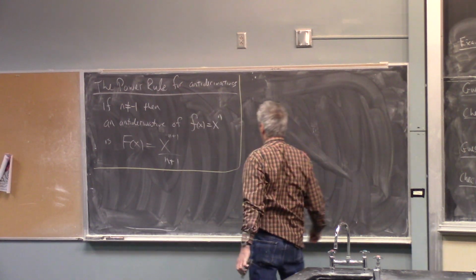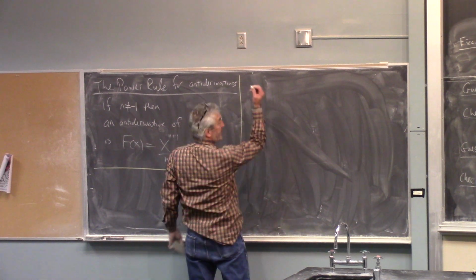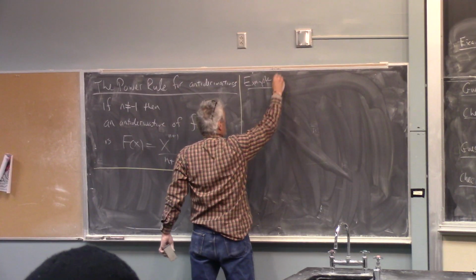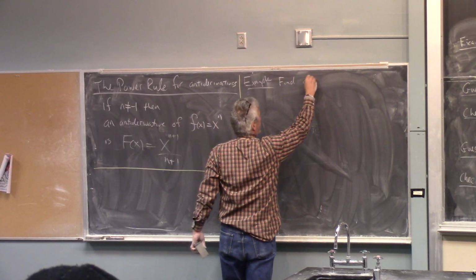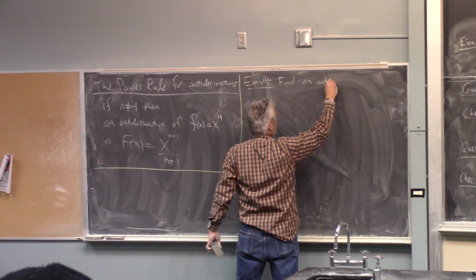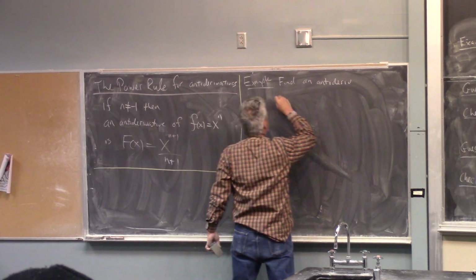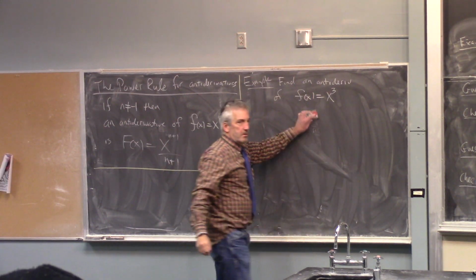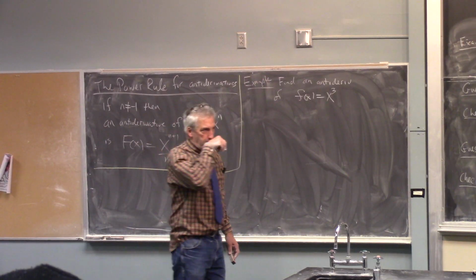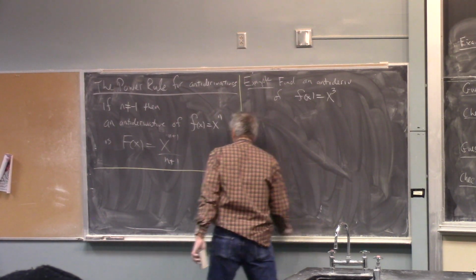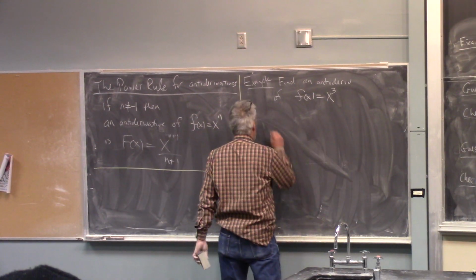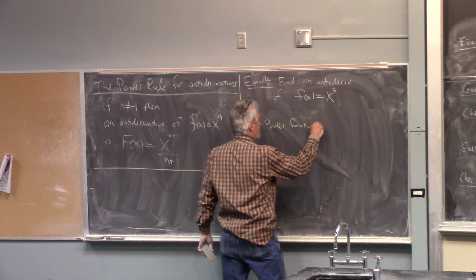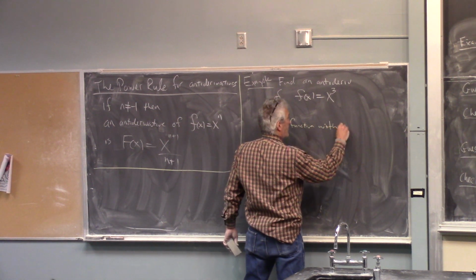Okay, well, let's practice this. Or let's exercise this. Find an antiderivative of little f of x equals x cubed. Well, notice that this is a power function, with n equals 3.